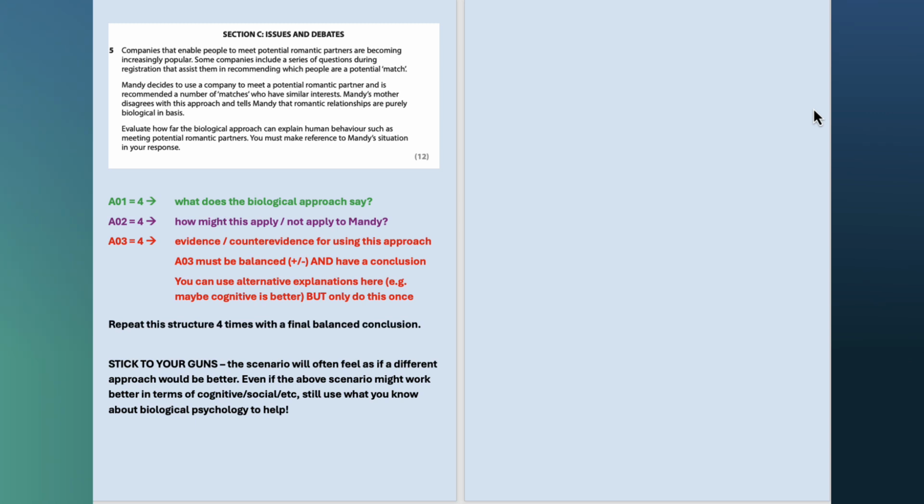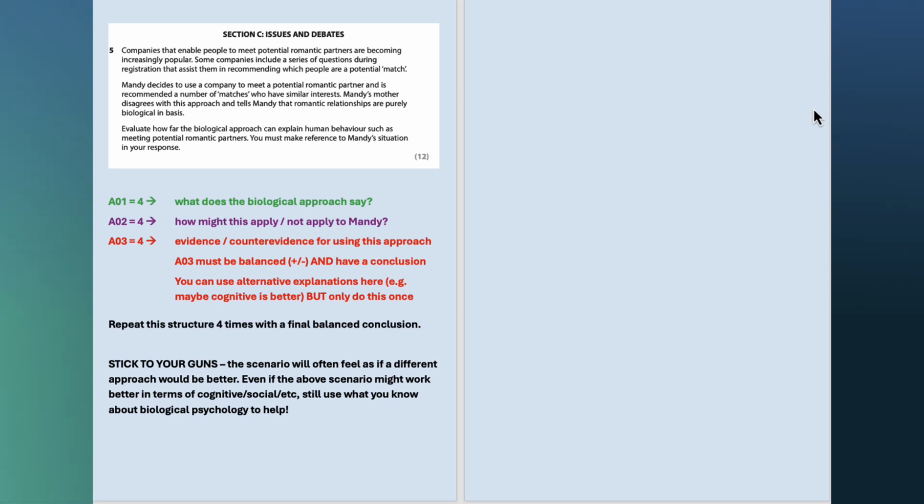So here is a very typical question 5. It has a scenario and it's going to ask you to apply an approach or a theory to that scenario. So this is what it says: companies that enable people to meet potential romantic partners are becoming increasingly popular. Some companies include a series of questions during registration that assist them in recommending which people are a potential match.